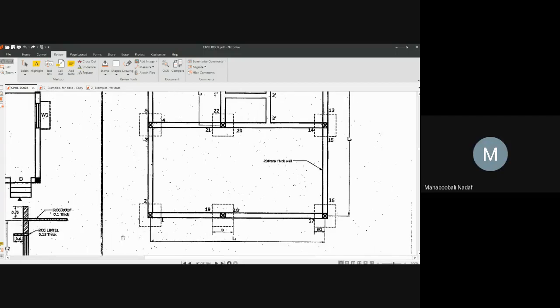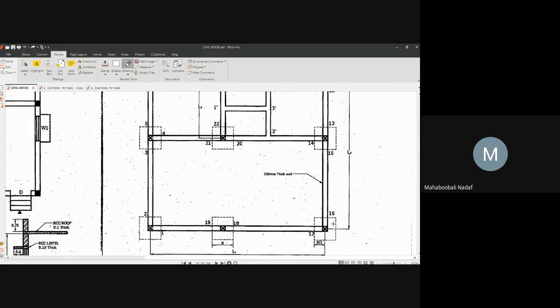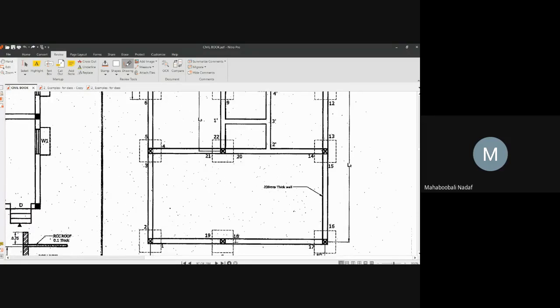So we'll start from here: column to wall junctions. 1, 2, 3, 4, 5, 6, 7, 8, 9, 10, 11, 12, 13, 14, 15, 16, 17, 18, 19, 20, 21, 22.